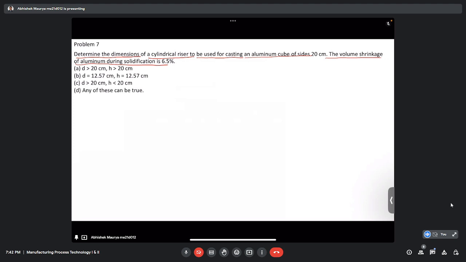So it is saying that we want to cast an aluminum cubic block. Okay, so let's draw it. So this is the aluminum cubic block, and its dimensions are 20 centimeter by 20 centimeter, and the width is also 20 centimeter.